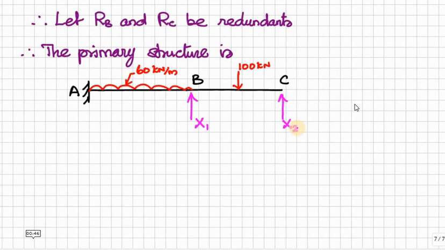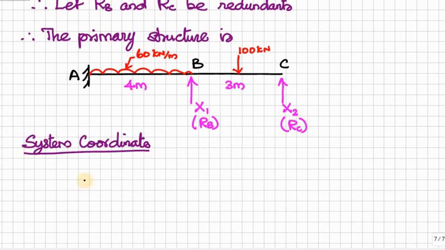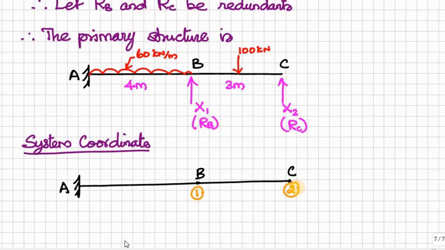That means at point B and at point C. So system coordinate 1 is assigned to the point or junction B, and system coordinate 2 is assigned to C, where we remove RB and RC.